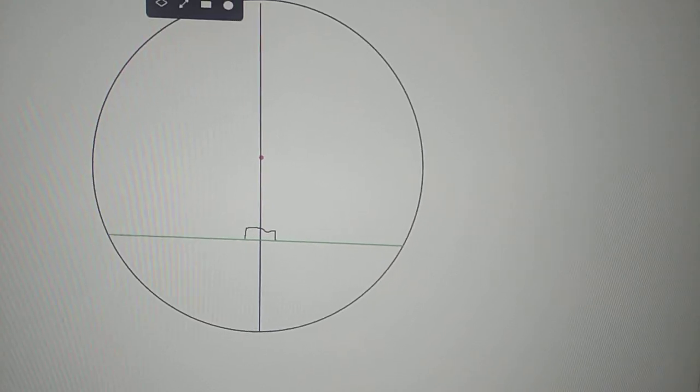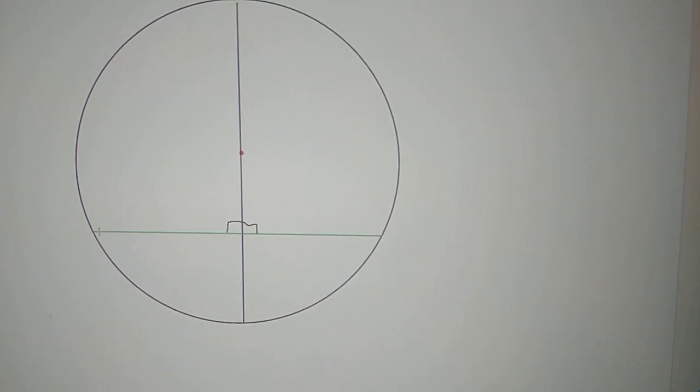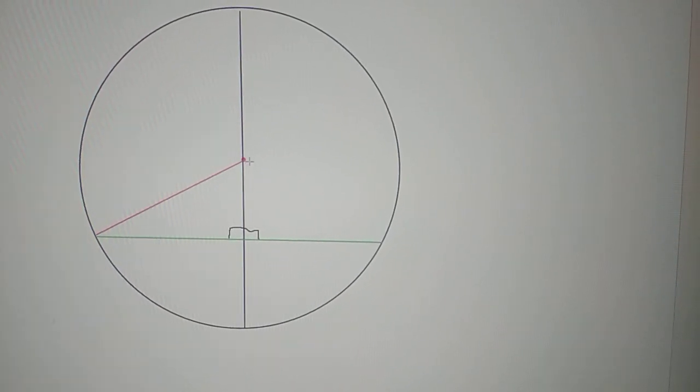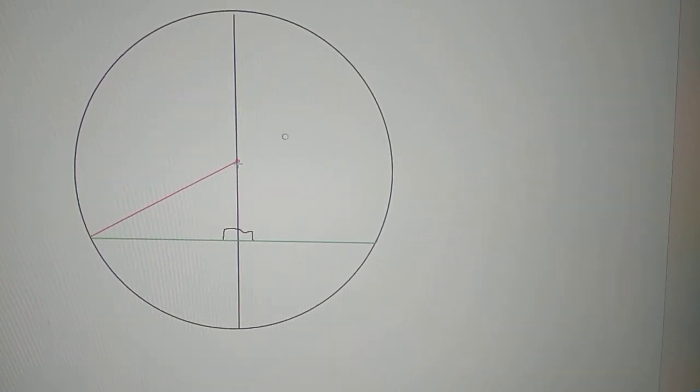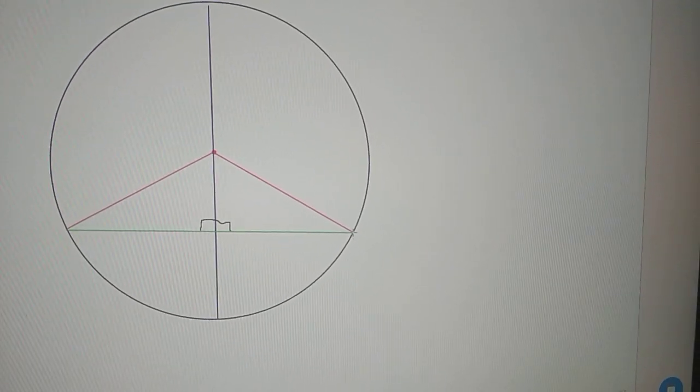Simple. We know that we can do it. We have the power to do it and the authority to do it. So we do it here and then we do it here. Done. That's simple.